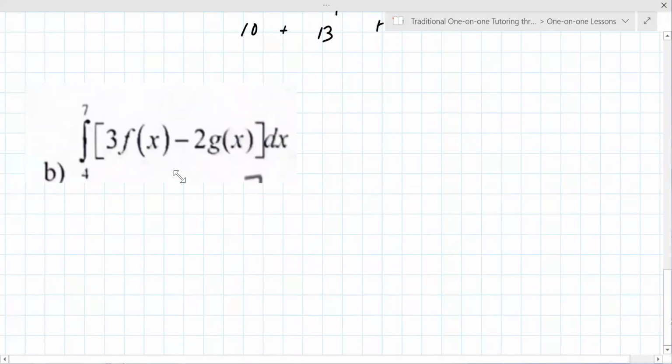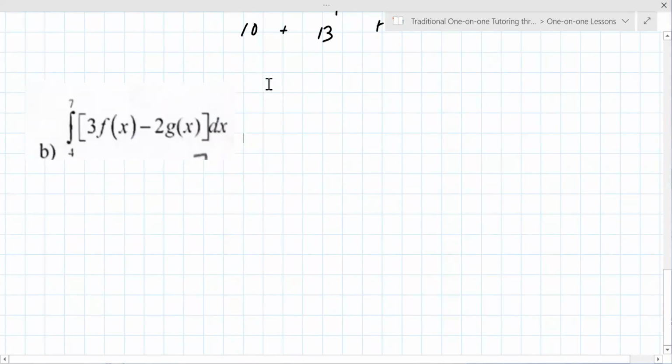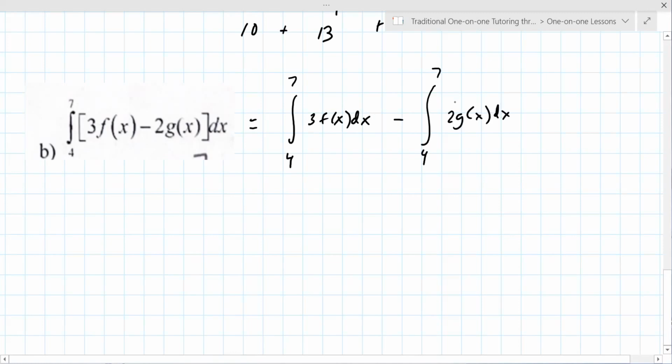Okay. Yeah. So depending on your comfort level, you can do all of the properties at once. You just do them one at a time, but you for sure want to say, okay, it's integral from 4 to 7 of 3 f of x dx minus integral from 4 to 7 of 2 g of x dx, and then you're supposed to bring the 2 out, and you're supposed to bring the 3 out.